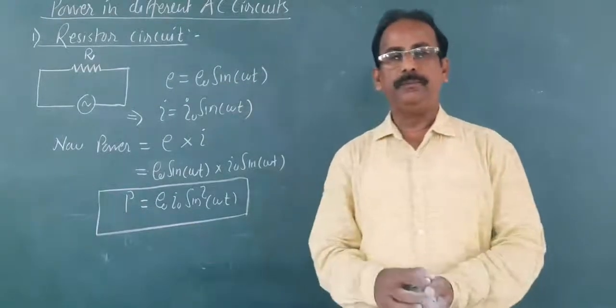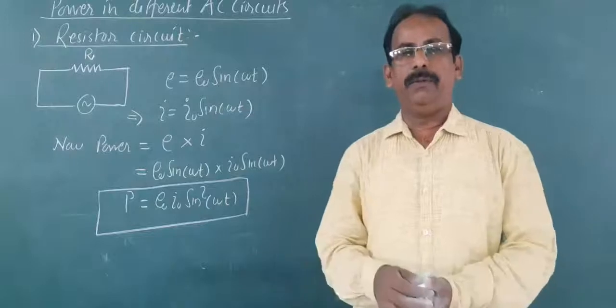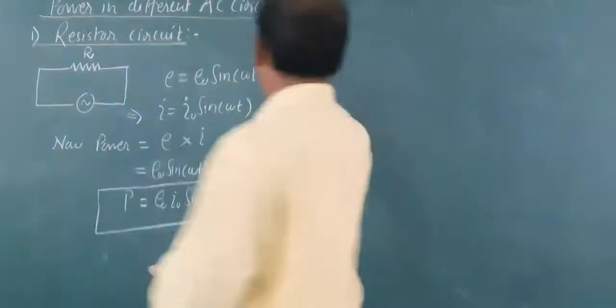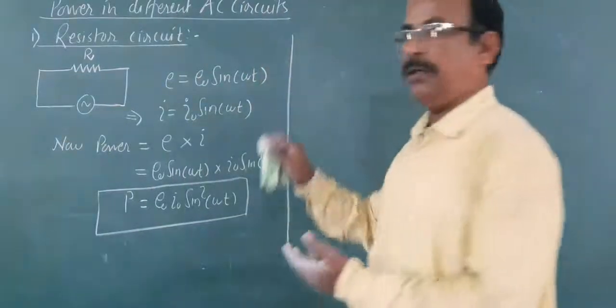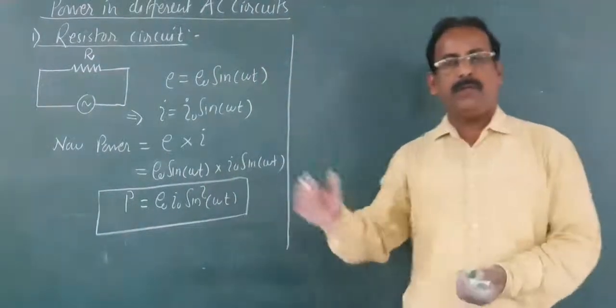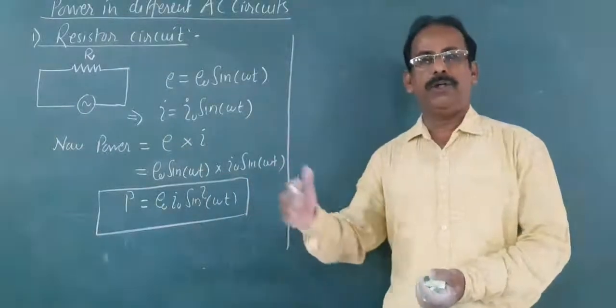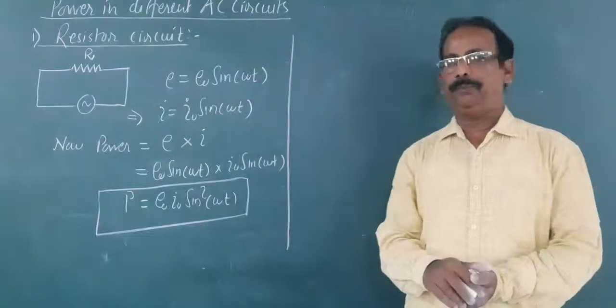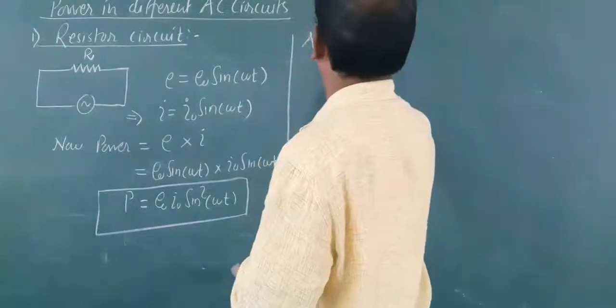Now, find out average power. Average power consumed in this circuit during one cycle of alternating EMF, for one rotation of alternating EMF. Average power we can find like this.